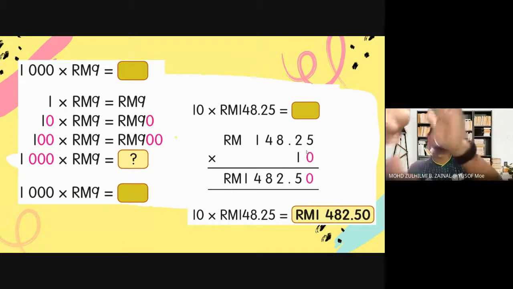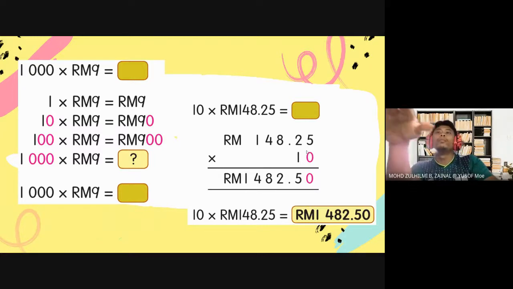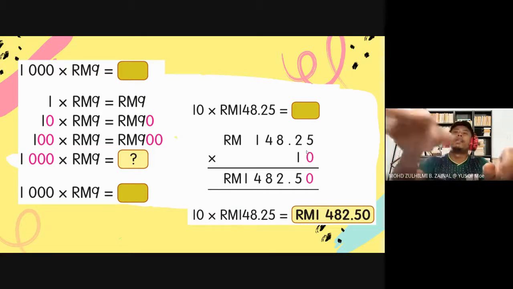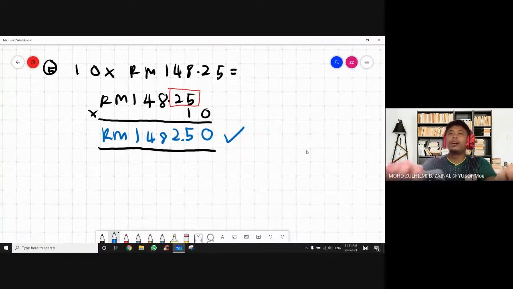Dia ikut value, place value tu. However, if you do like this, your calculation should be different. You cannot simply get your answer like this. There are some methods involved in this kind of calculation.